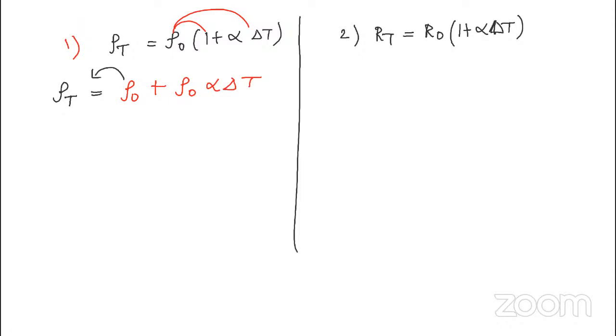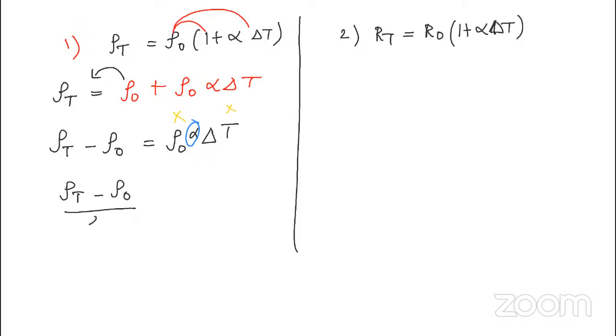So rho T minus rho naught is equal to rho naught into alpha into delta T. We need the value of alpha, so send the other two values to the left side: rho T minus rho naught divided by rho naught into delta T is equal to alpha.